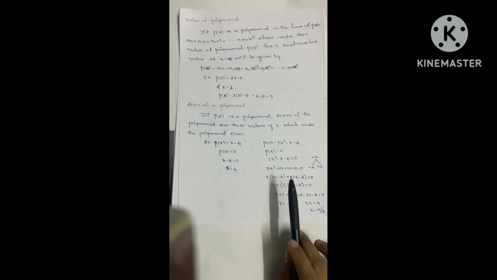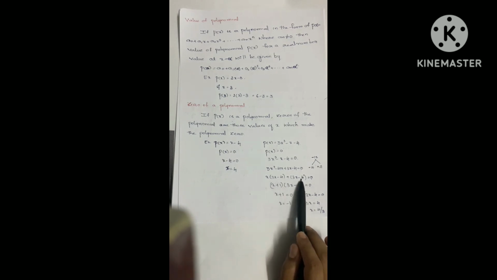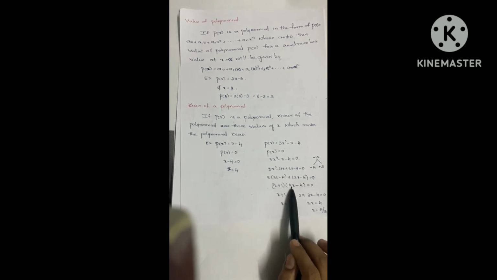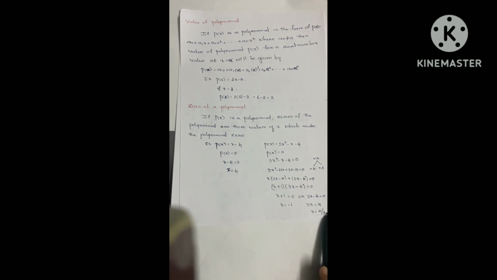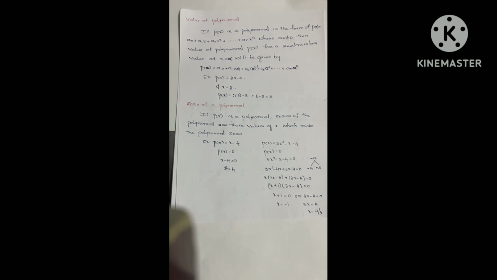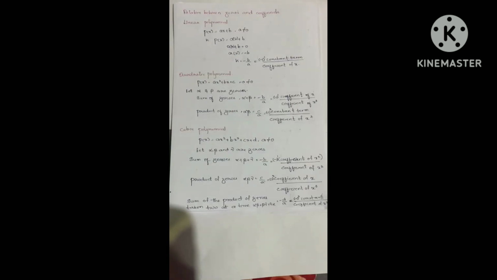So in these two terms, 3x minus 4 I'll take as common, and the remaining will be x plus 1. So x plus 1 into 3x minus 4 is equal to 0. x plus 1 is equal to 0 or 3x minus 4 is equal to 0. So x is equal to minus 1 and 3x is equal to 4, so x is equal to 4 by 3. Minus 1 and 4 by 3 are the zeros of the polynomial.